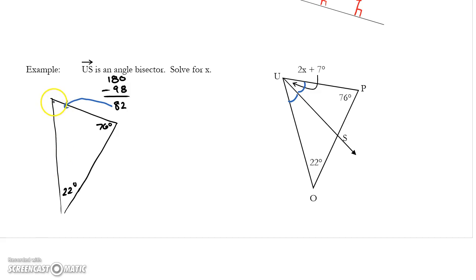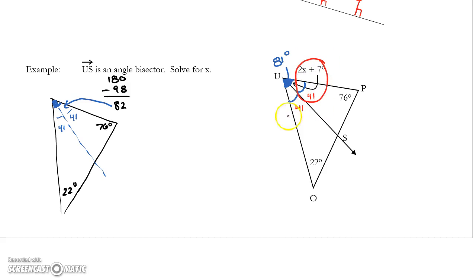But if I take a ray and bisect it, each one is 41. I cut it in half, and that's the picture that I have been dealt with here. We know that this big angle here is the same as this big angle here. This big angle is 82 degrees because of the triangle sum theorem. So when I cut it in half, this is 41 and this is 41.